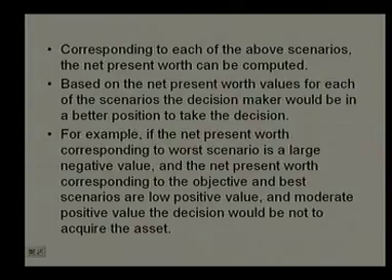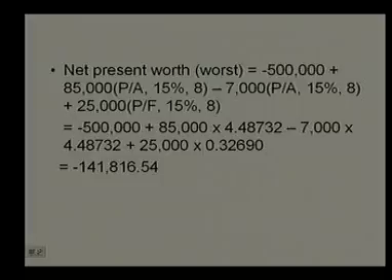In the previous lecture, we have already calculated the net present worth for normal scenario. If you remember, it was coming to be about 52,000 on the plus side. Positive net present worth we were getting for normal situation. Now, we have to calculate the net present worth for worst scenario as well as for best scenario. I have done this for you. You can note it down and you can cross-check these values at your own end.